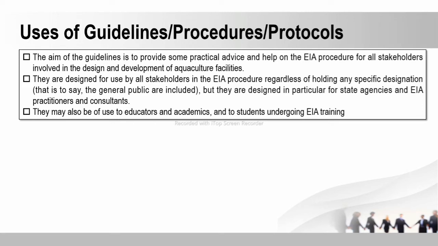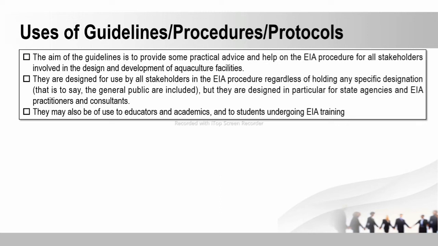The guidelines, procedures, and protocols greatly help the stakeholders of the particular EIA procedure or assessment to have guiding principles, because these will be their basis in crafting their assessment in relation to environmental impact.